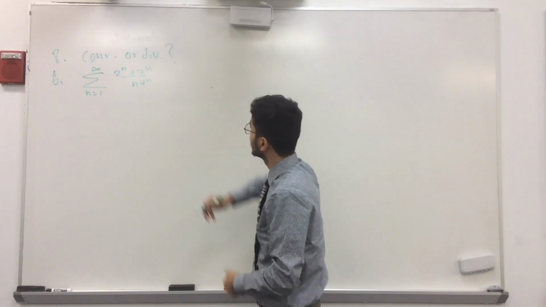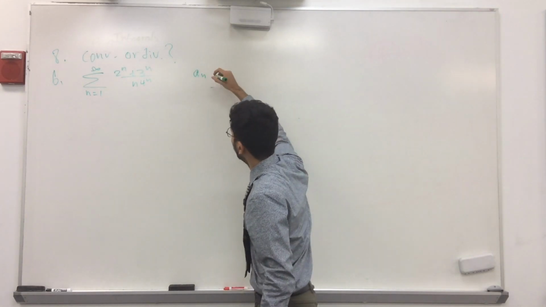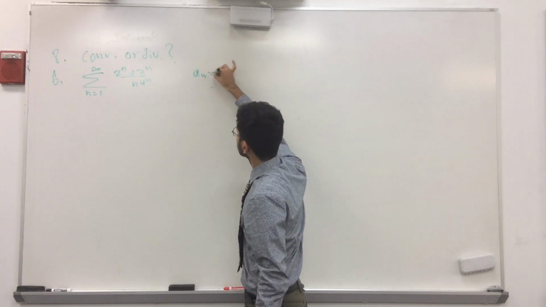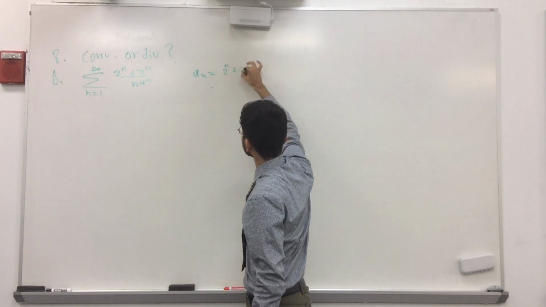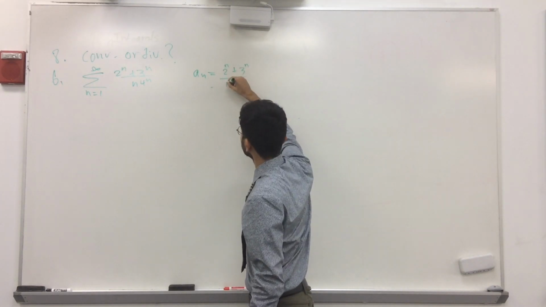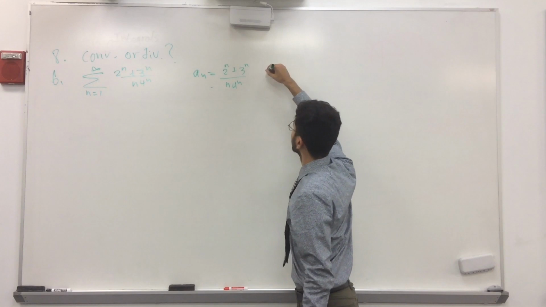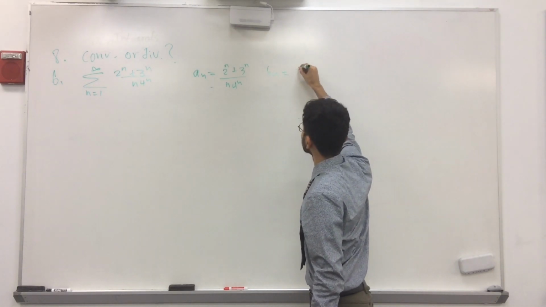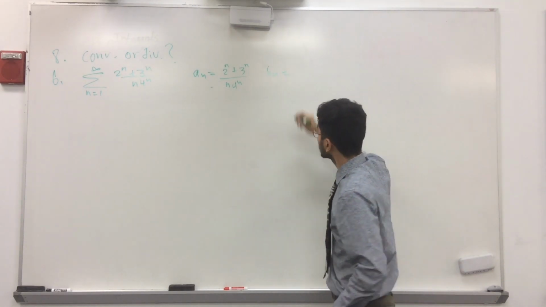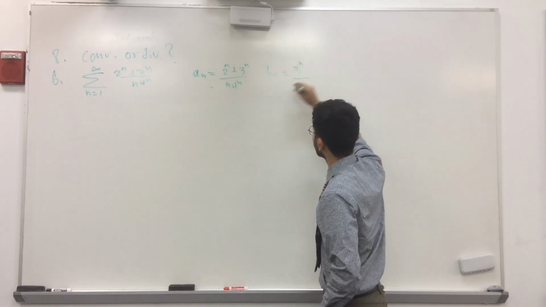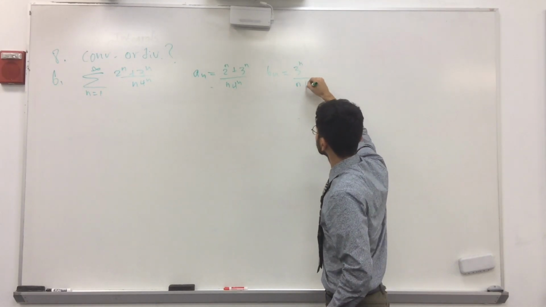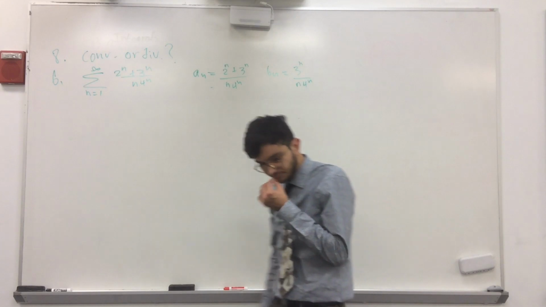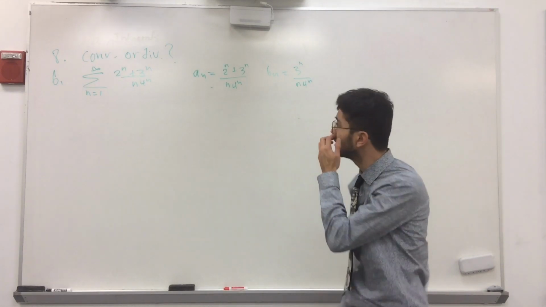We can compare this, given that an is equal to 2 to the n plus 3 to the n, divided by n times 4 to the n. We can compare it to bn, which uses the highest power on the numerator, 3 to the n, divided by n times 4 to the n. And we can use the limit comparison test.